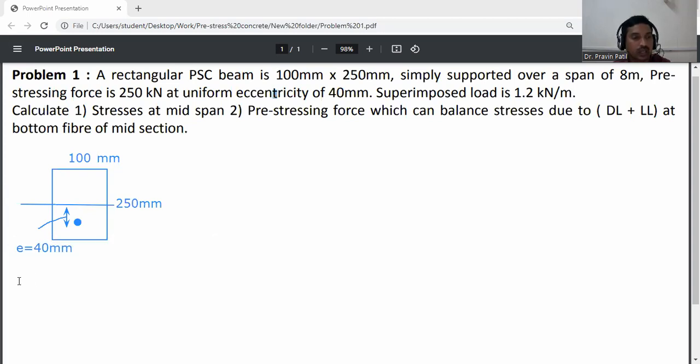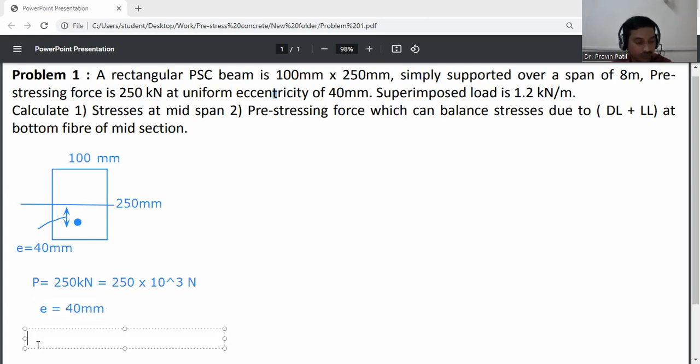Then write down the given data. P is equal to 250 kilonewton. Convert it into Newton: 250 into 10 raised to the power 3 Newton. The next one is the eccentricity, e is equal to 40 mm, a uniform eccentricity.